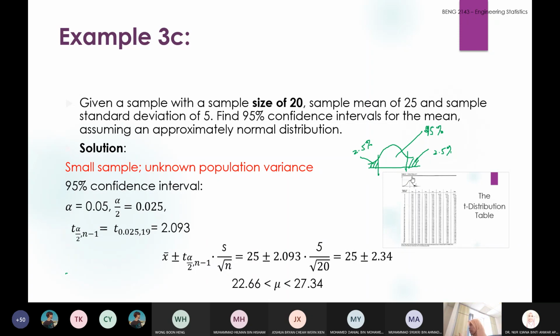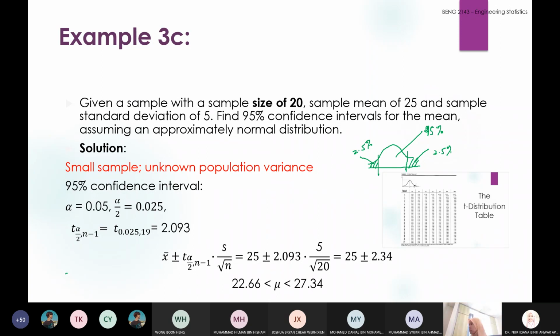The interval of the mean is plus or minus the standard error, which is derived from the sample standard deviation 5 divided by the square root of the number of samples, 20, multiplied with the critical value based on the small sample and unknown population variance.